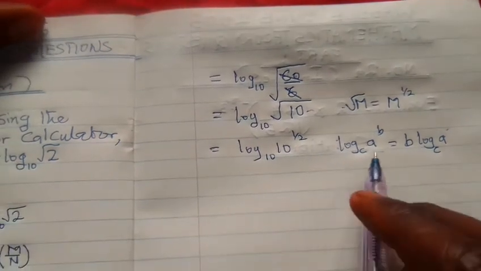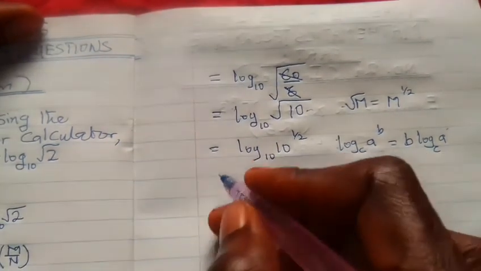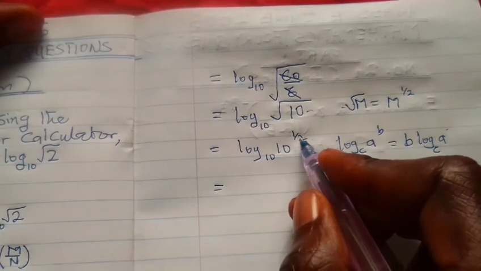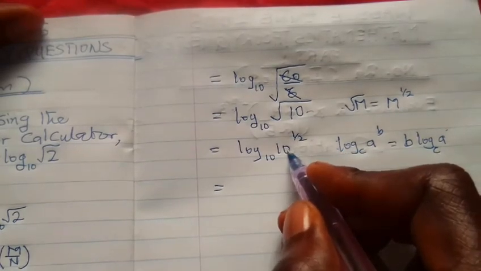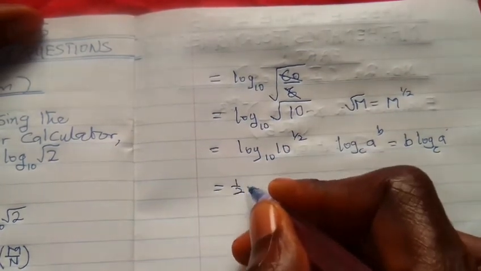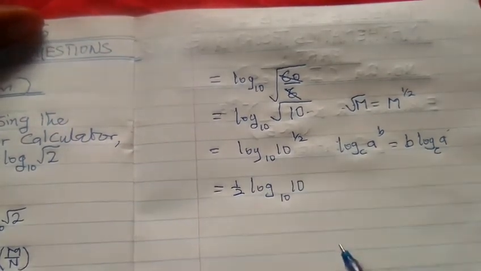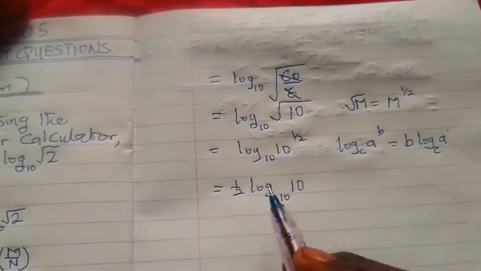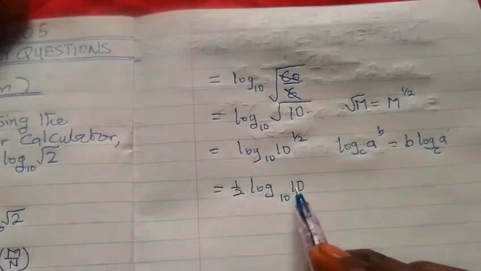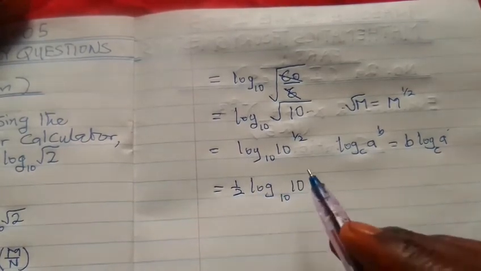Now we apply this to this particular term here. So the power of the number 10 will come to the front, which is half, then multiply into log 10 base 10.